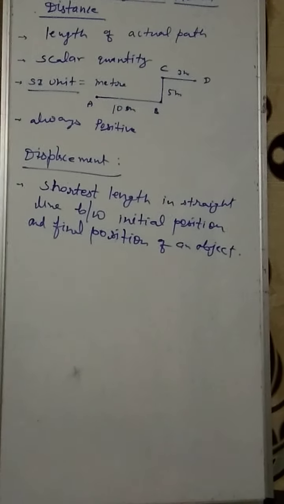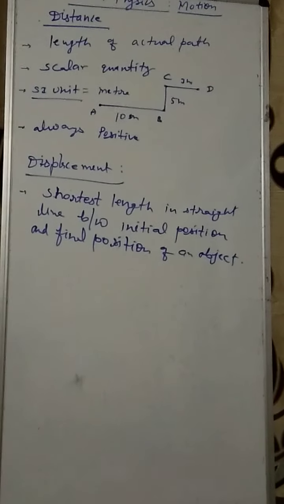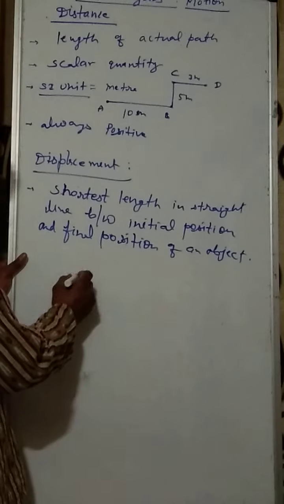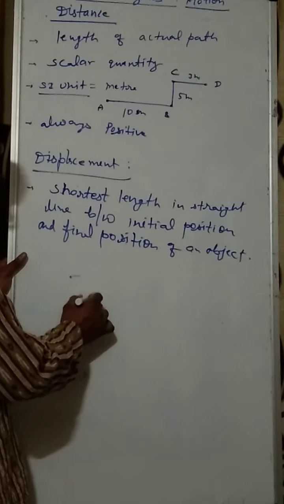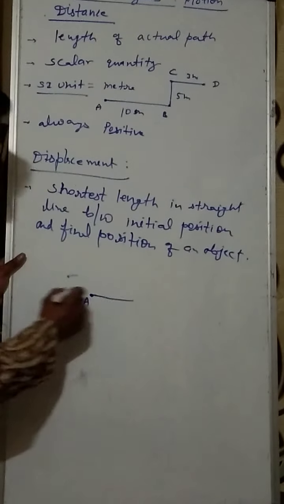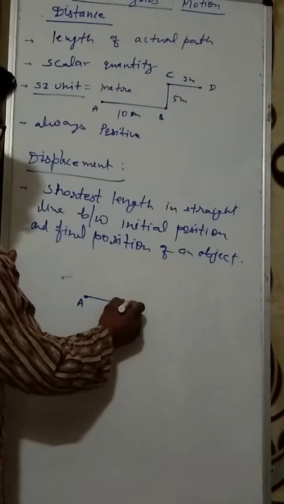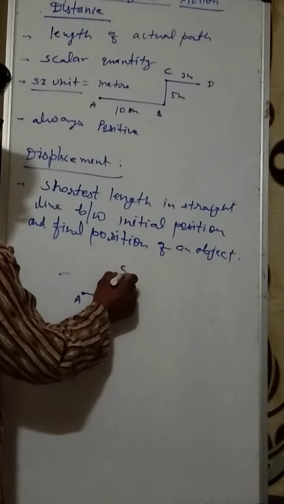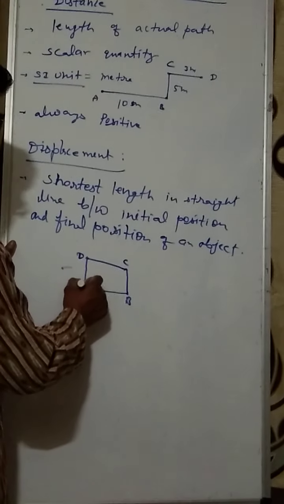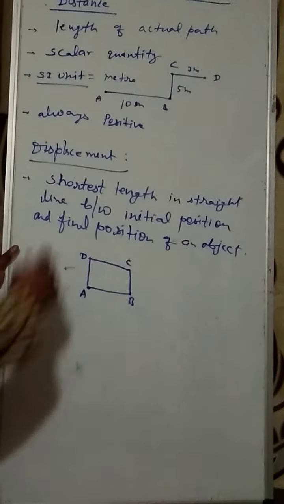What is the meaning of initial and final? Initial means the beginning point. Suppose this is a point A. So the beginning point is known as the initial point. Then it goes to B, then C, then D. Suppose this is the point here.